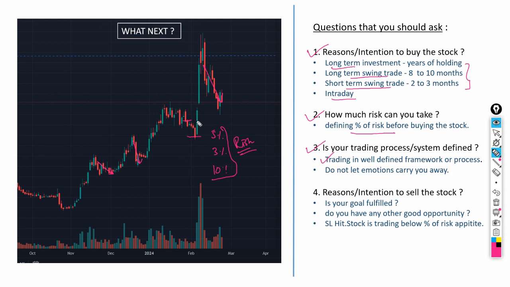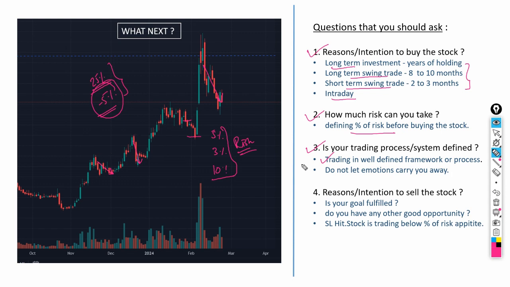For example, you have a process where you book your profits at 25% and book your losses at minus 5%. This is just an example of a process. If this is a process set by you, you must respect it and follow it, and not let your emotions drive you whenever you are in loss.